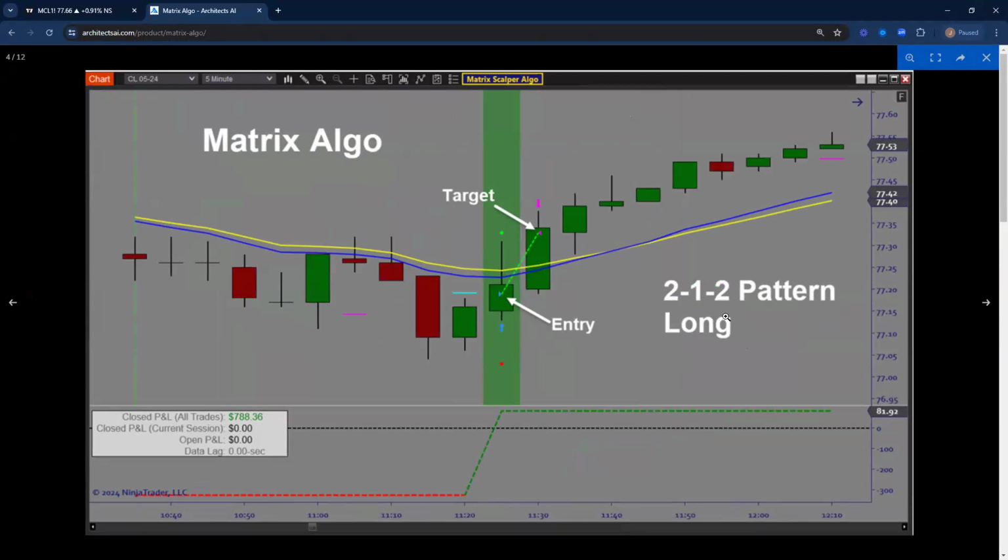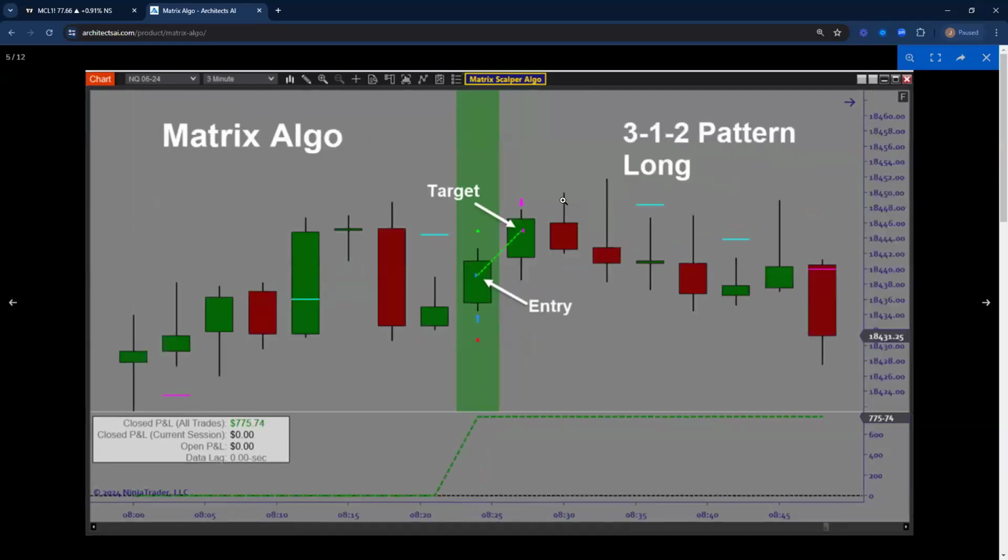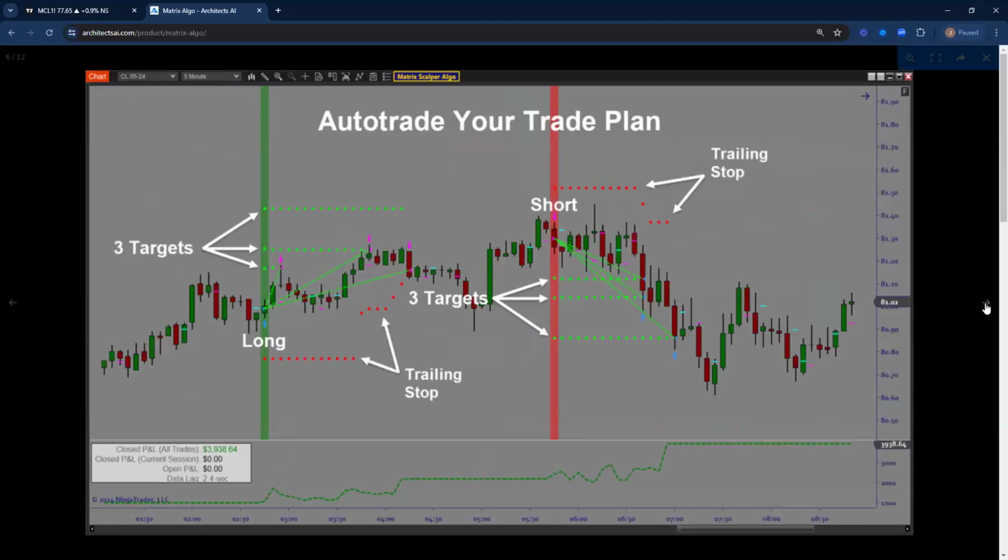Every pattern ends with 2, by the way. So this one is directional and then inside. And then you trade the break of the high. The 3-1-2 is the Chicago special deep dish. You got an outside bar, inside bar, break. Outside, inside, break. And that's kind of what it looks like.